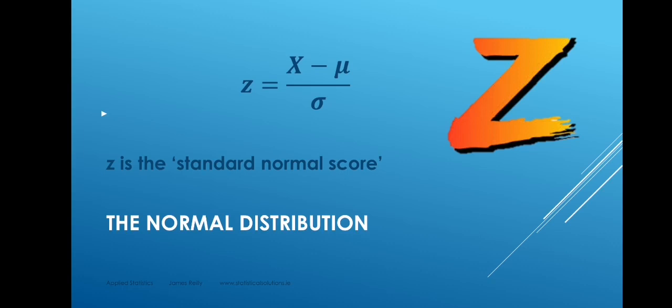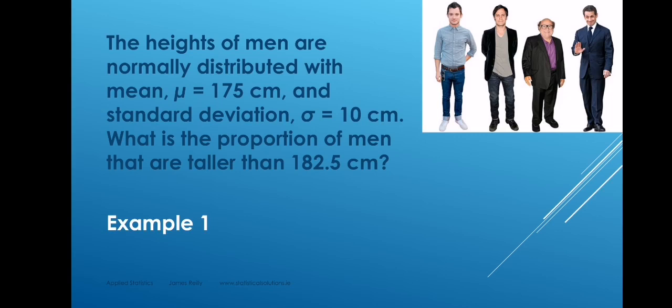So we calculate how far x is above the mean, x minus mu, and we express that in standard deviations by dividing by sigma. So the Z-score means how far above the mean this value is in standard deviations. Of course, Z can be a negative value when the value of interest is below the mean. So Z, the standard normal score, allows us then to associate a probability with any value that might arise.